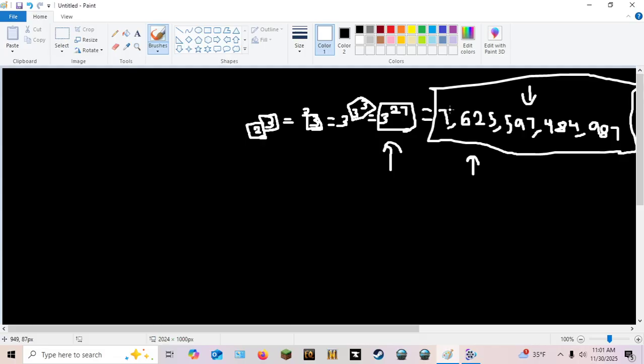So this actually equals 7 quadrillion 625. Hold on. This should equal to, this is the hundredths place, this is the 100,000ths place, this is the 100 millionths place, that's the 100 billionths place. So that should equal 7 trillion 625 billion 597 million 484,987. That's so large, you know?